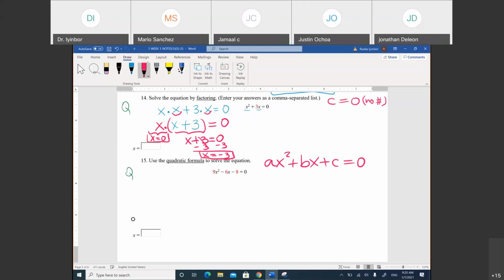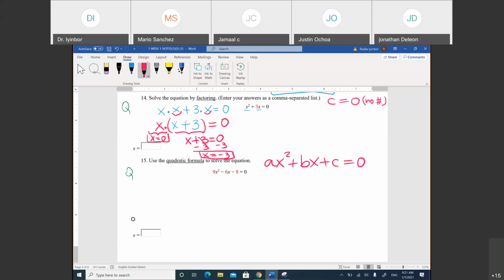Now, remember this rule. If you solve a linear equation, if you have x and numbers only, you're going to have only one answer as a solution: x equals one number. If you're solving a quadratic equation, which has x squared, you're going to have two answers: x equals 0, x equals negative 3.